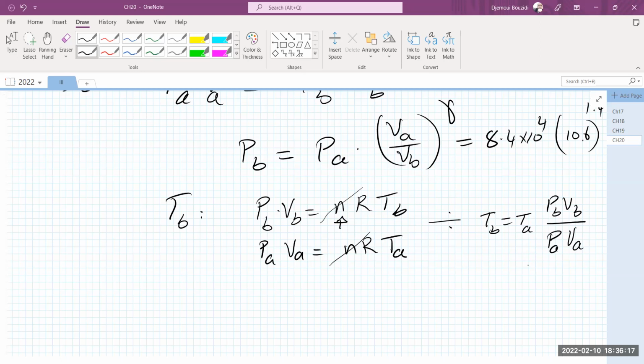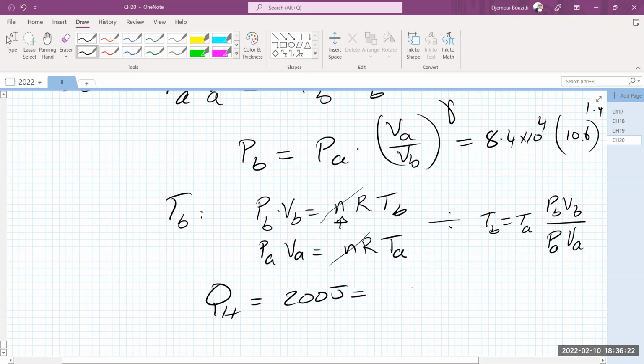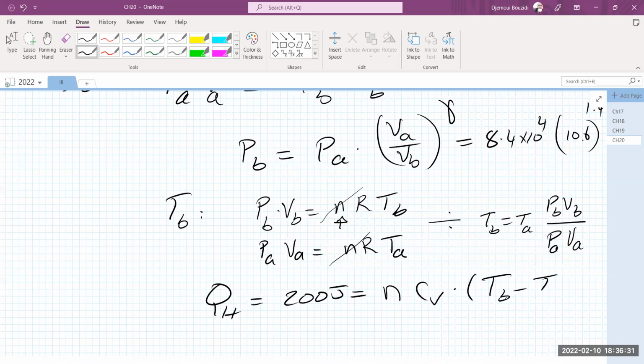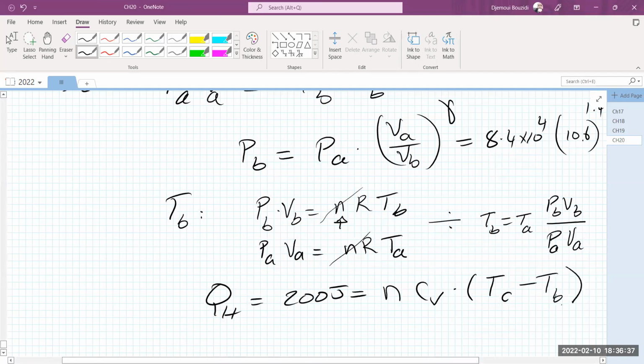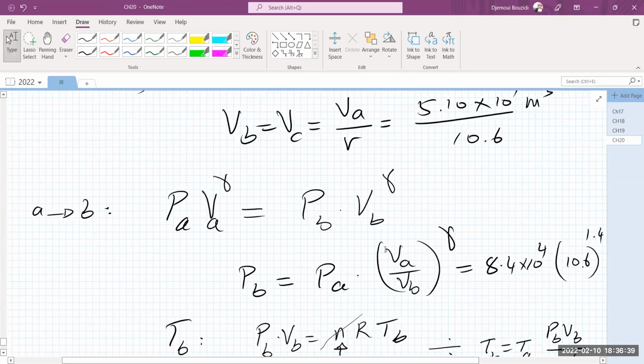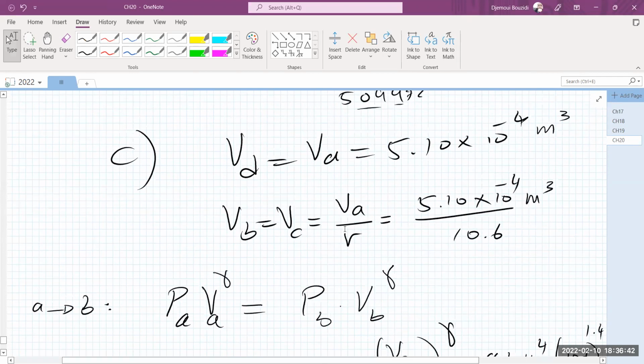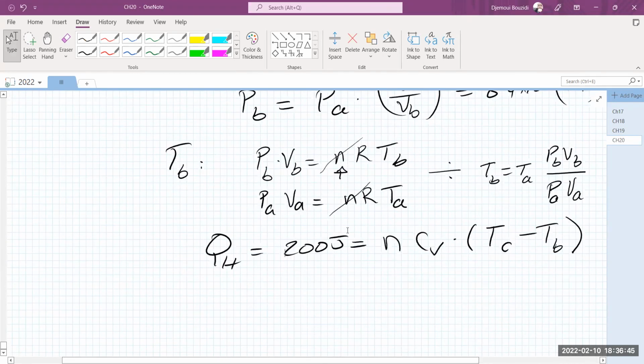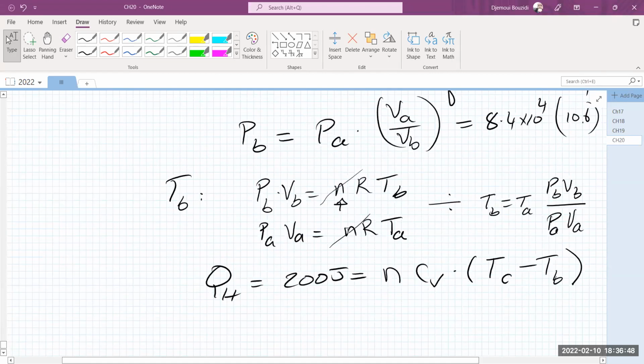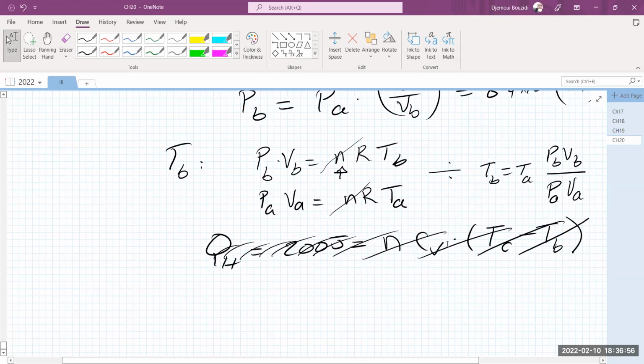The other way of doing it is, you know, QH, that is 200 joules, and that is equal to nCV times TC minus TB. I'm sorry, this is TC, not TB. You just found what TB is. Did we find what TB is? Oh, no. This is trying to find TB. I'm sorry. So using this relationship, that's fine. So it's not this one. I thought we were at TC already.